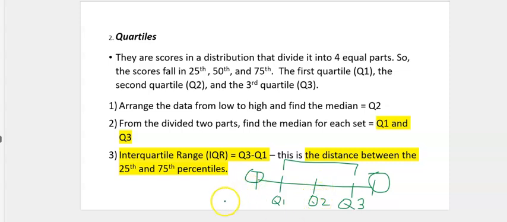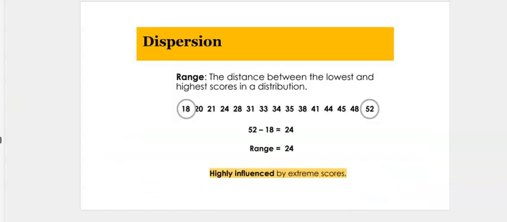They can be very low or very high. At least you can eliminate the risk of being influenced by the high score or the low score. So Q3 minus Q1 is very appropriate. The maximum will be Q3, the minimum Q1. That is the interquartile range.